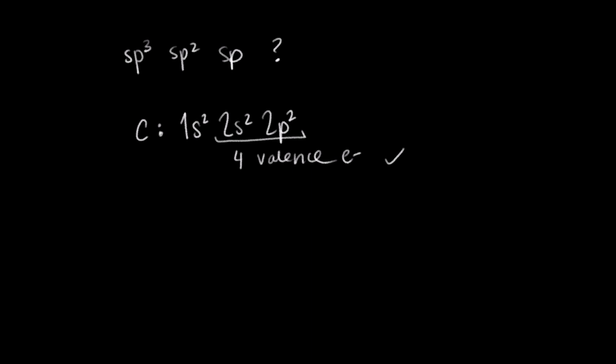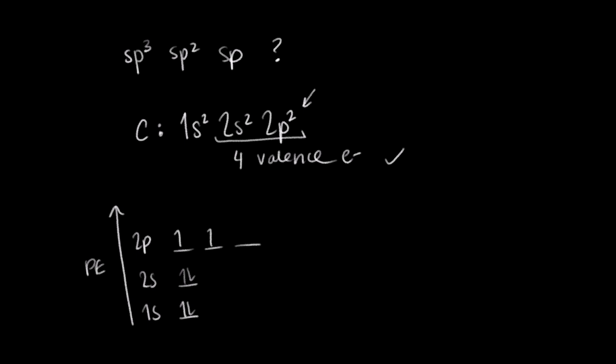Now, the thing about carbon is that it's really these 2p2 electrons that are able to bond, but we know carbon bonds 4 times, right? And the reason for that is, let's draw a little potential energy diagram here. So we've got our 1s, our 2s, our 2p. We know that the s subshells have 1 orbital and the p has 3 orbitals, right? And we also know that the electrons are going to fill in one at a time.